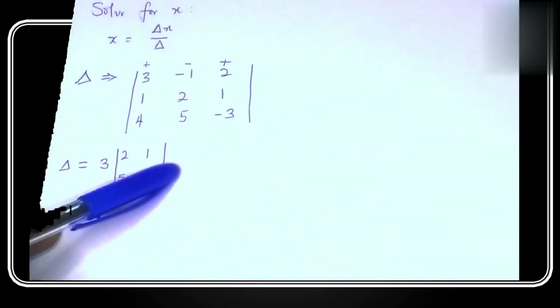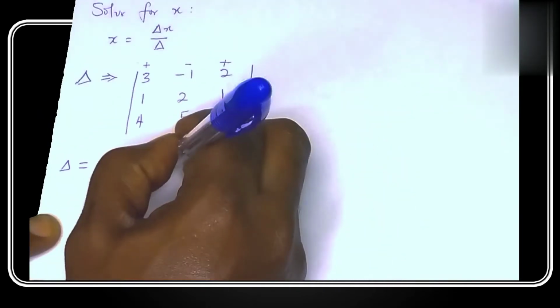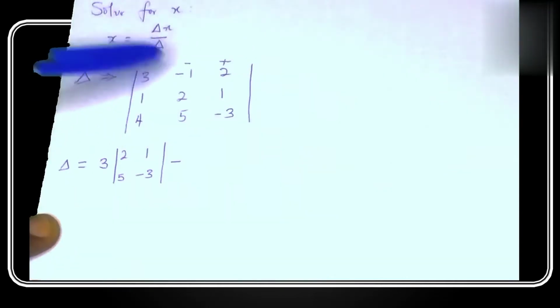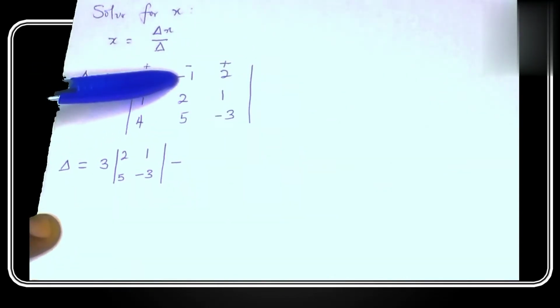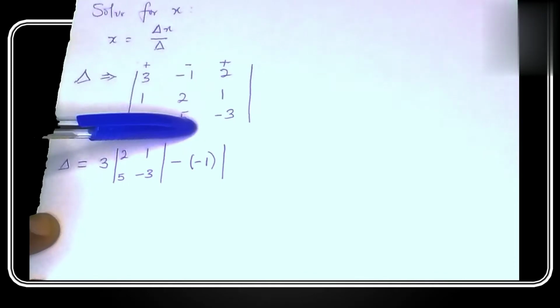Then, what do we put as the sign here? We are going to the next column, and that has a negative sign, minus. Now, what is the first item of this column? It is minus 1, so we put minus 1 there. Then we open a matrix line for this one.